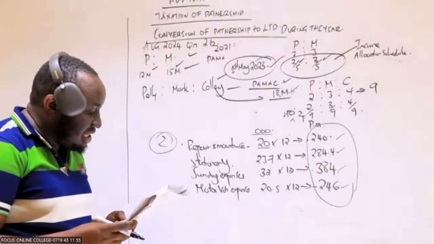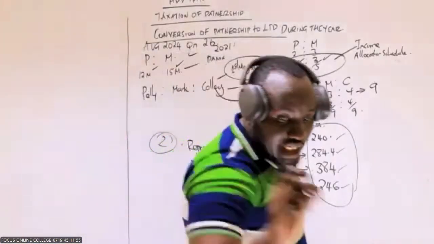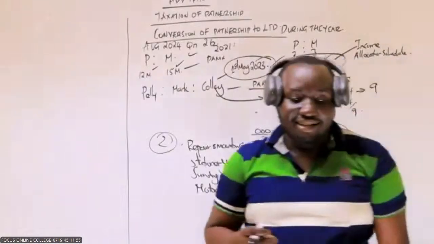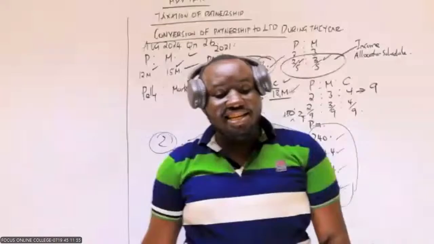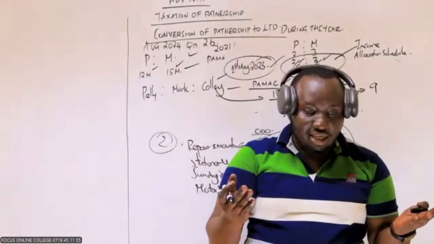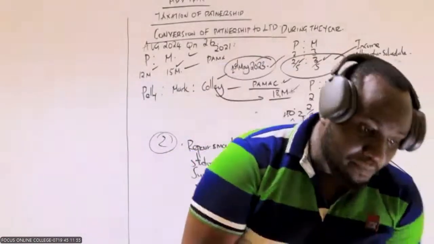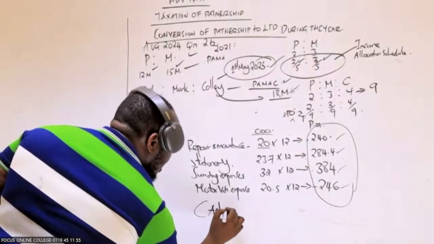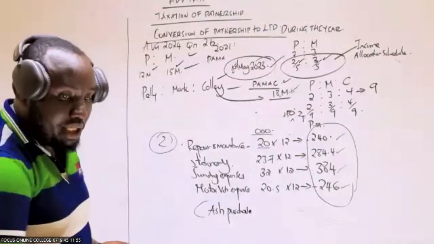So then we have the next, purchase of goods for resell. What is that? That's the cash purchase.